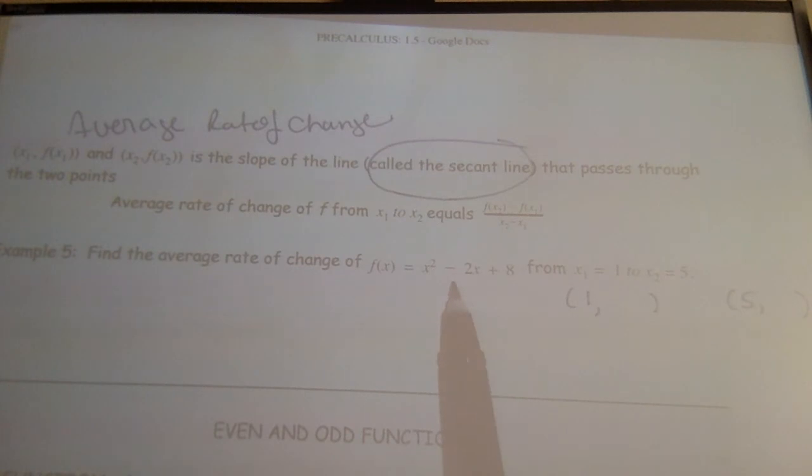So 1 minus 2 plus 8 gives me 7. 25 minus 10 is 15, plus 8 is 23. And now your average rate of change is your change in your y's over your change in x's. And you get 16 over 4, which is 4.